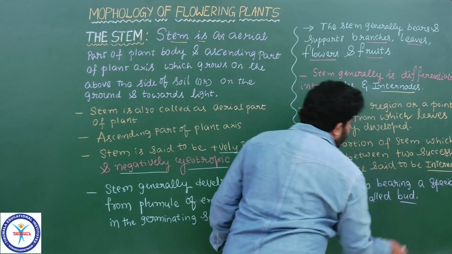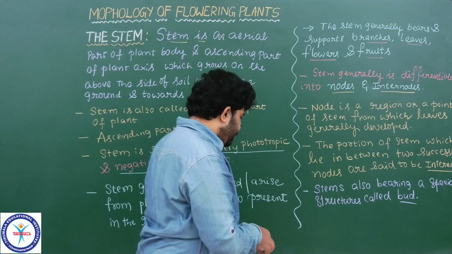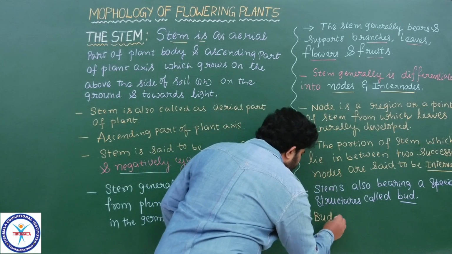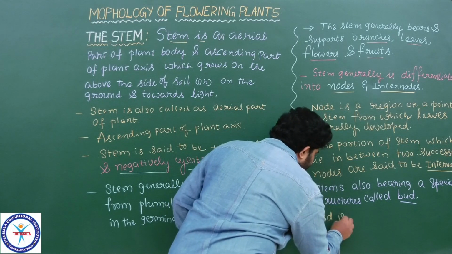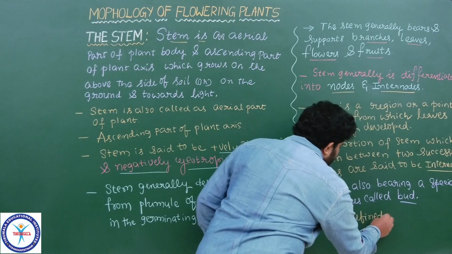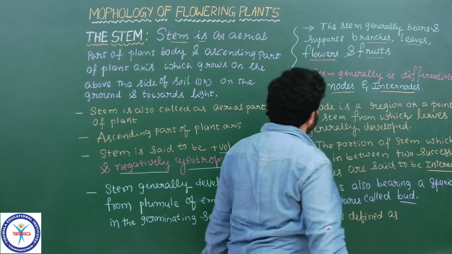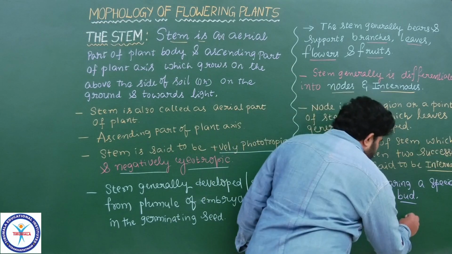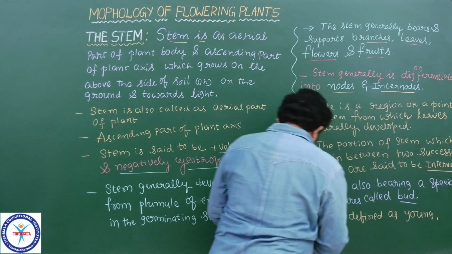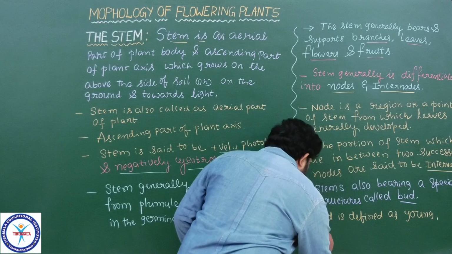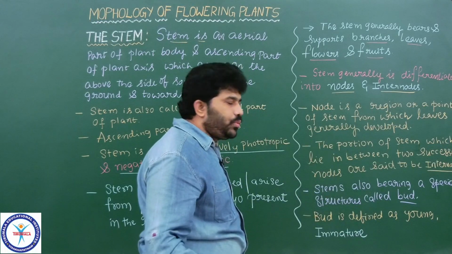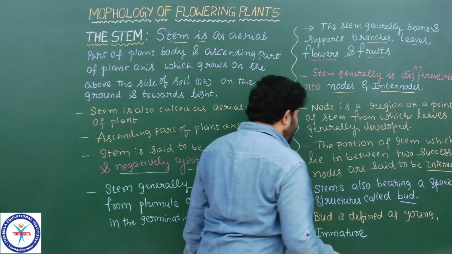Now let us know the definition of bud. What is a bud? See here, a bud is defined as young, immature tissue. Immature means not fully mature tissue.